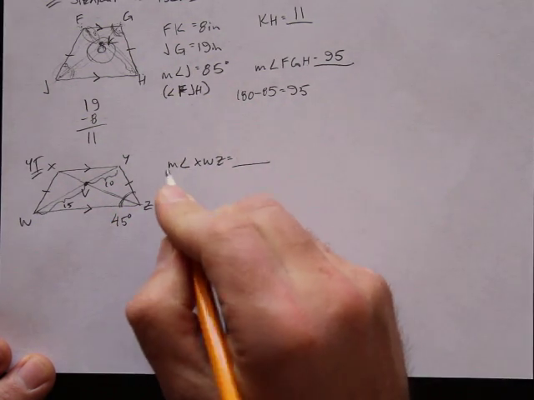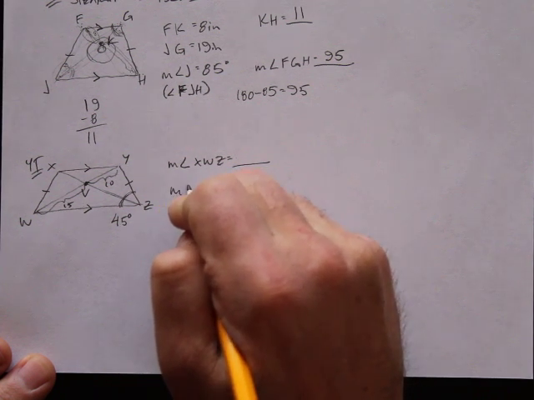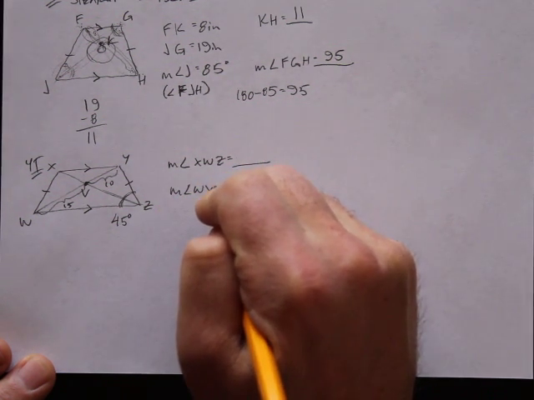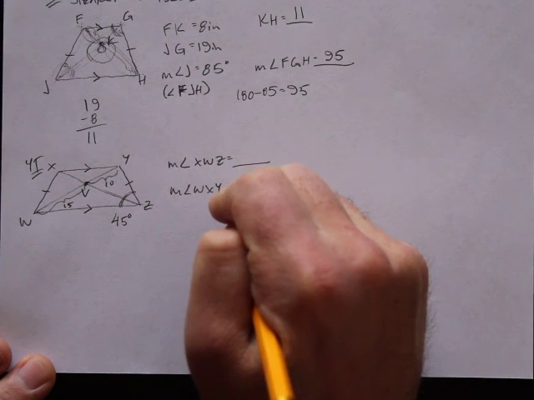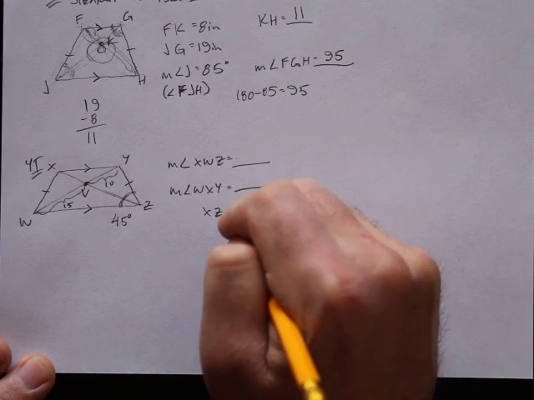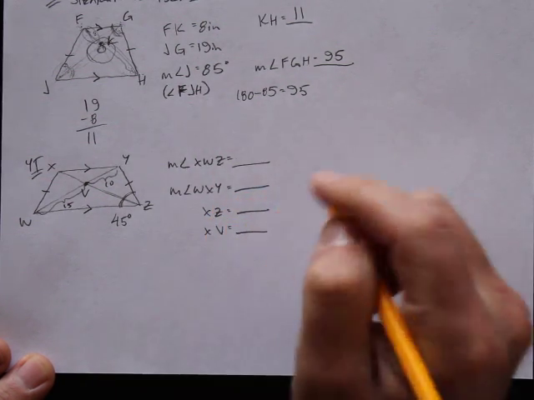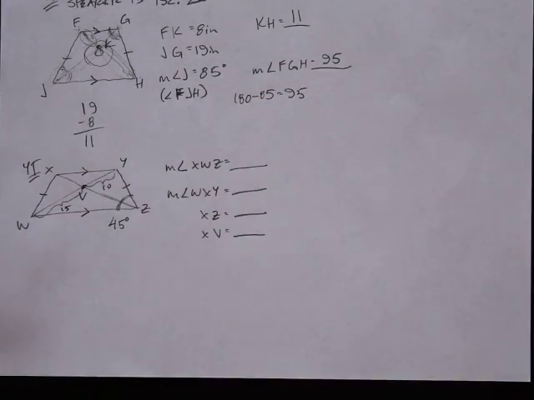Okay. I want to know measure of angle XWZ. I want to know measure of angle WXY. I want to know what is XZ. And I want to know what is XV. All right, so you've got 4 things to find here, given the information that you have. All right, so go ahead and pause, get to work on this, see how you do.